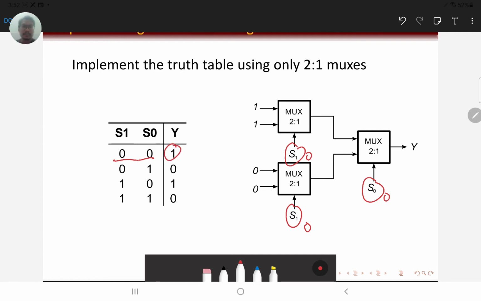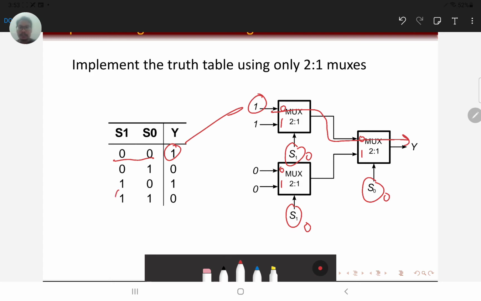It should be 1. So in the case of all zeros, I transfer this value to the output, which is the value of 1.